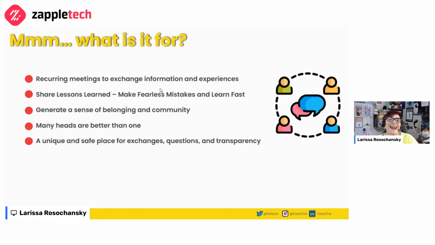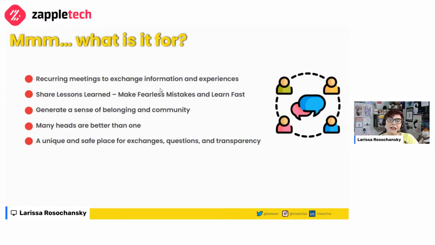One other thing: many heads are better than one. So they think better, and we were able to find better solutions for any given issue. For example, we had some framework that was not good, and someone else was using the Spock framework that was really good, and we were able to implement it.